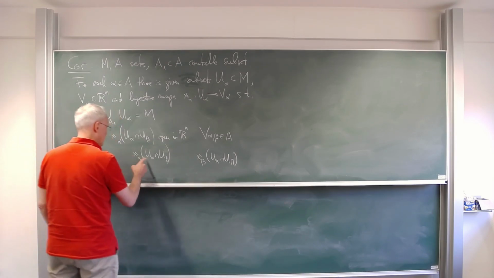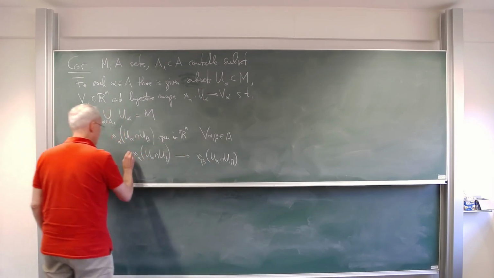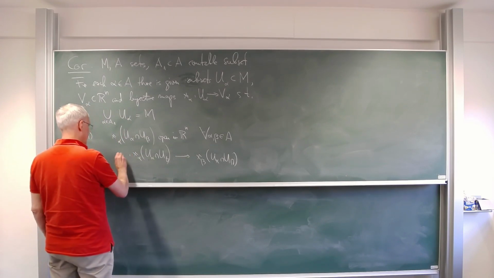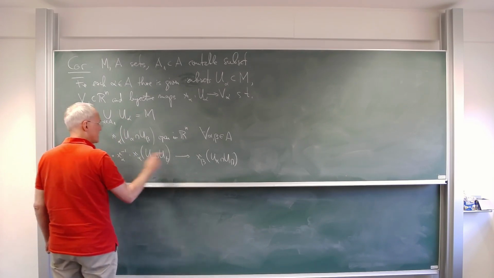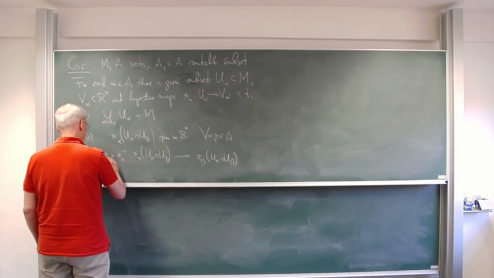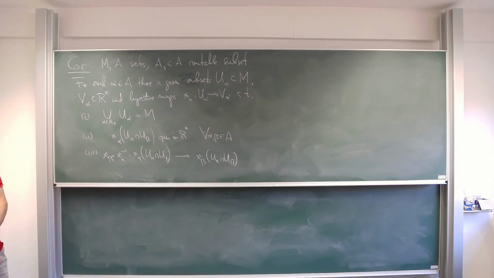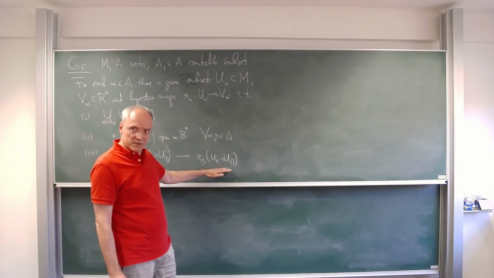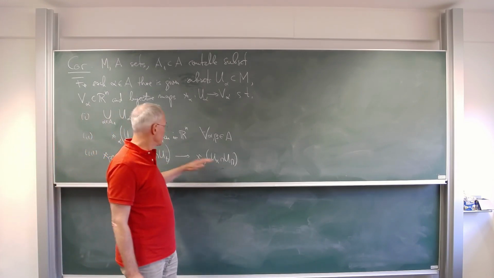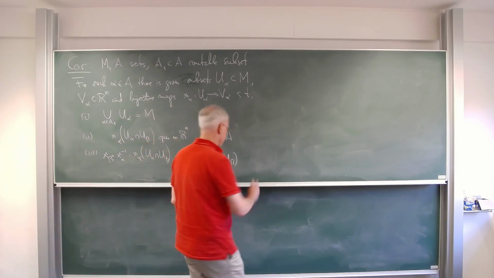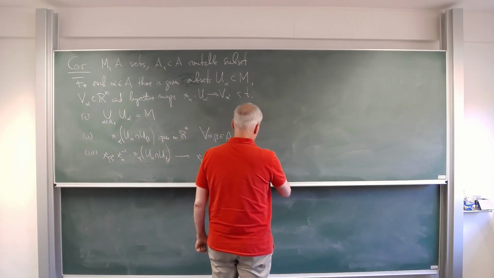Then we can go from this set to that set by going X alpha backwards and then X beta forward. So that's a bijective map from this open subset of Rn to that open subset of Rn, and so it makes sense to demand that this is a diffeomorphism.